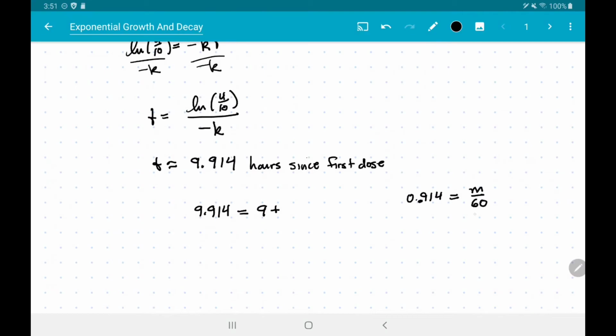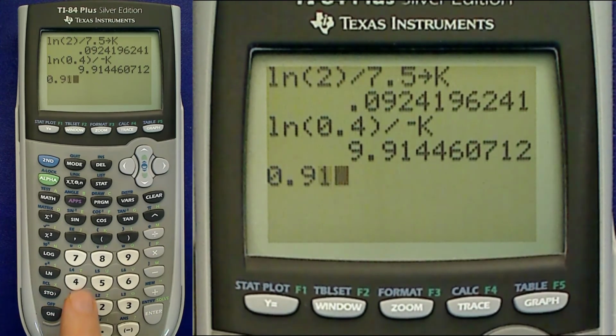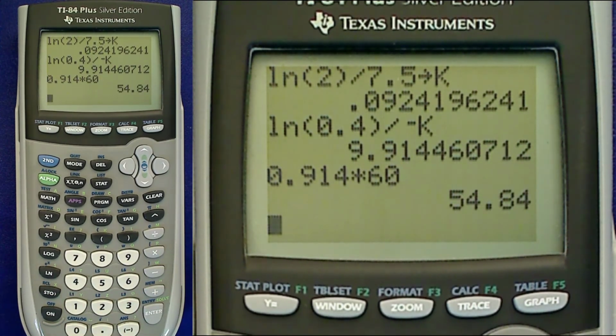So to solve for this m, I need to multiply by 60. So that gives me m equals 0.914 times 60. So that's 55 minutes, let's say.